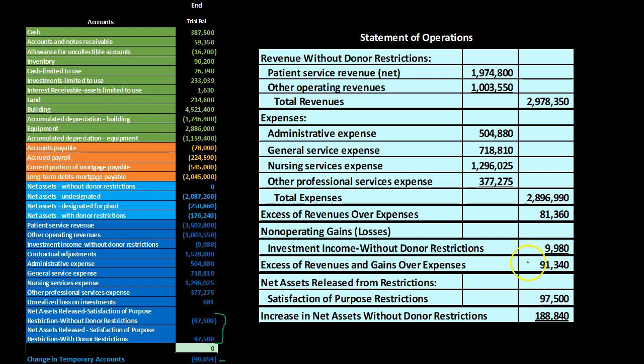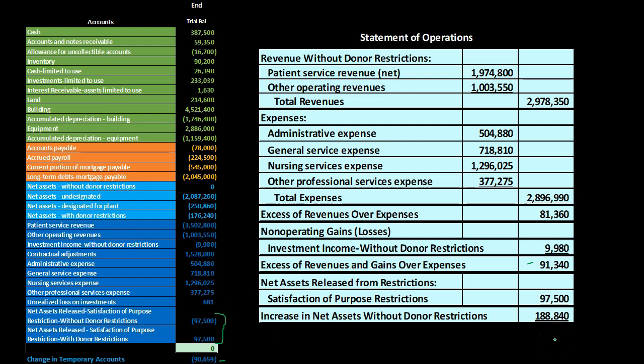This number here is close to this number, but it's different by the 681. And then we added to it the amount that was unrestricted to get to the increase in net assets without restrictions. So the increase in net assets without restrictions, in other words, is going to be kind of like the net income number, excess of revenues and gains, plus the amount of the items that were released from restriction to get to this 188,840.